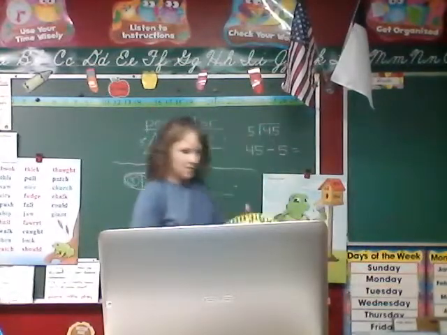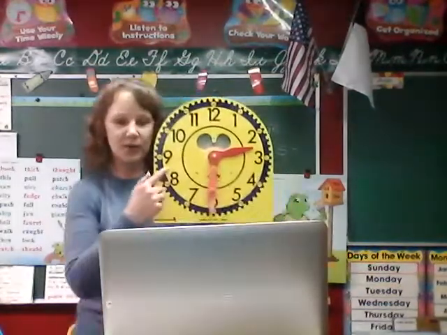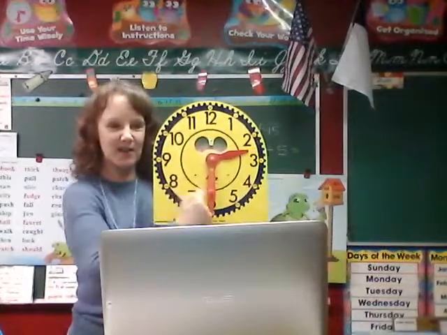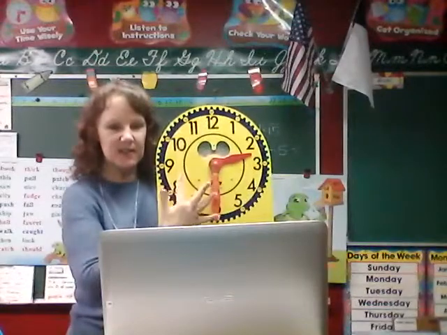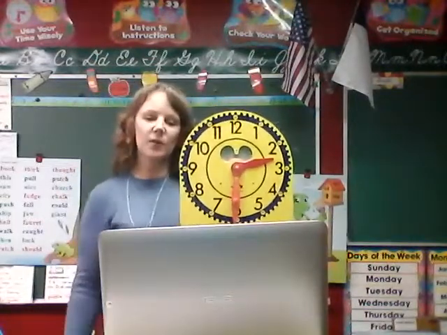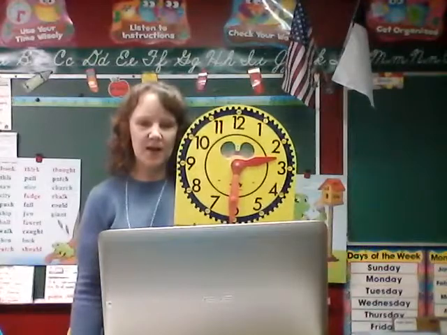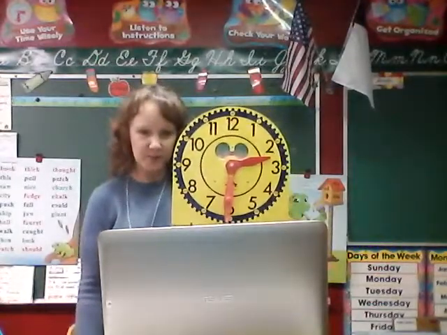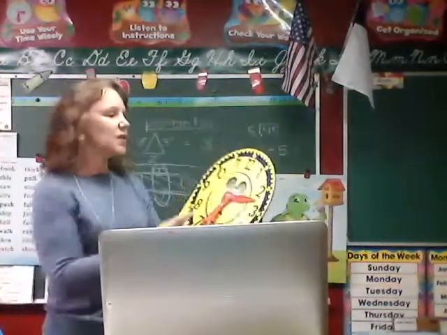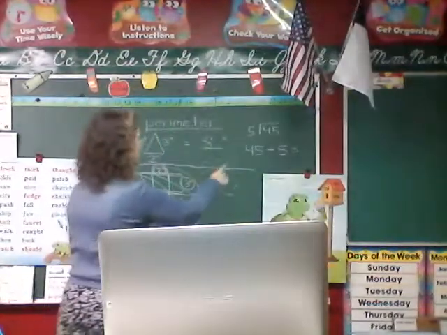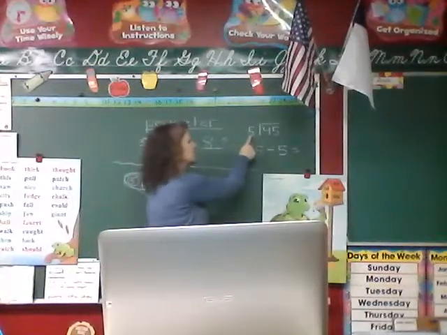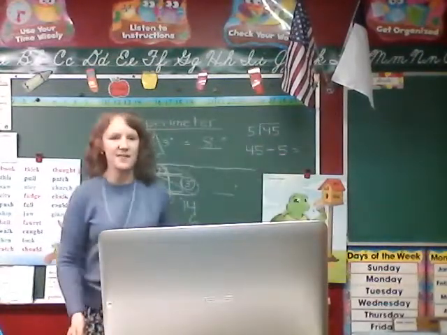Now, we have already talked about what we have learned about time and the clock and how to count the minutes around the clock is going to help us with our division by 5 problems. Okay? So since each of these numbers, as we count minutes around the clock, we count by 5s, that can help us with any of our division problems when they're divided by 5.